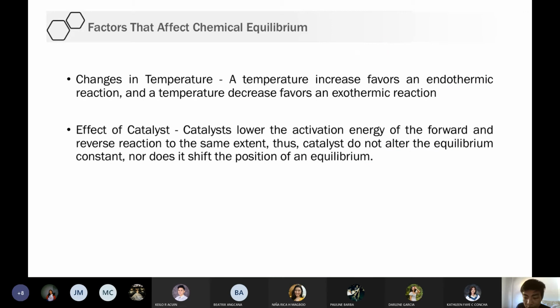For temperature, use the water bucket analogy: for an endothermic reaction, imagine heat as your reactant, and for an exothermic reaction, imagine heat as your product. And a catalyst doesn't shift the equilibrium.